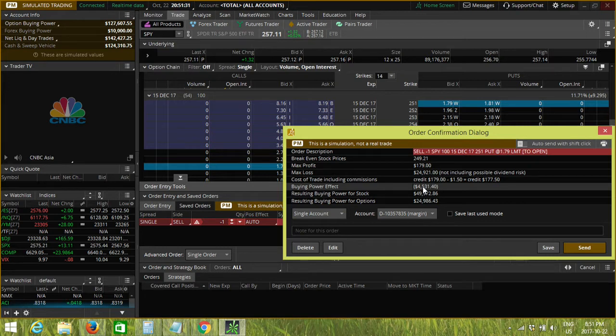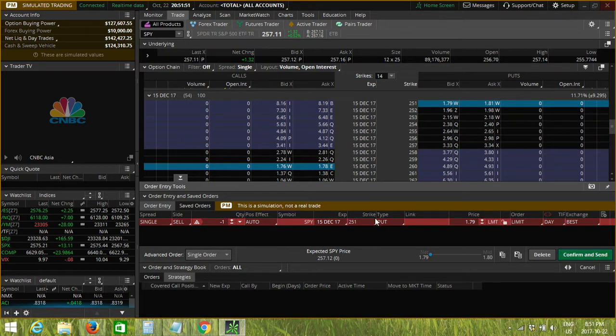But since this is an uncovered put, you get a bit of a break on your buying power effect. So you could essentially do a lot more with that buying power. Of course, you're going to increase your risk if you do that, but it is less of a buying power effect. Same with the calls.